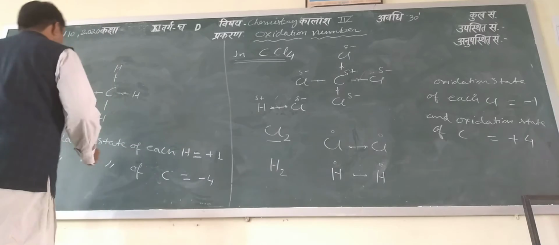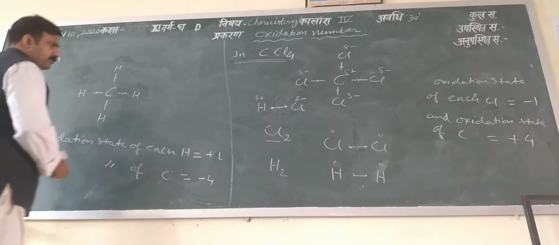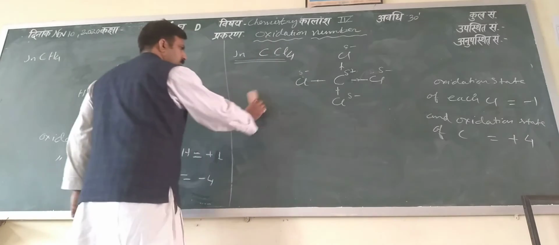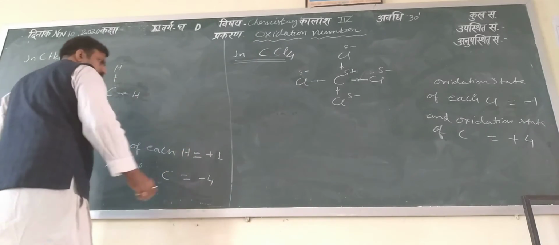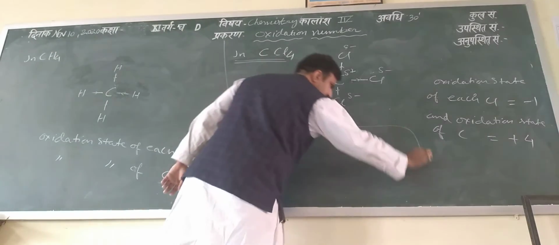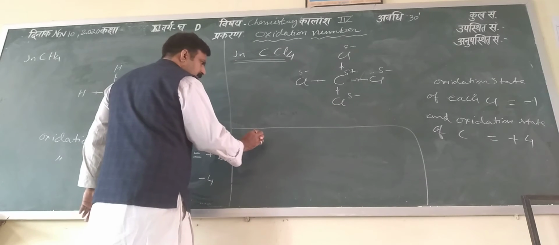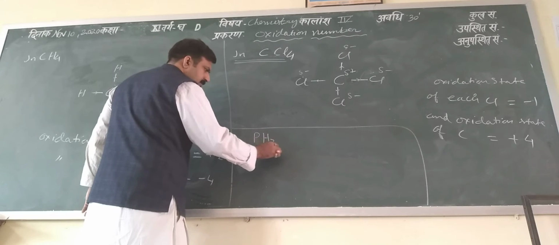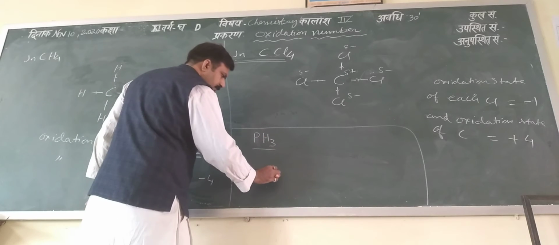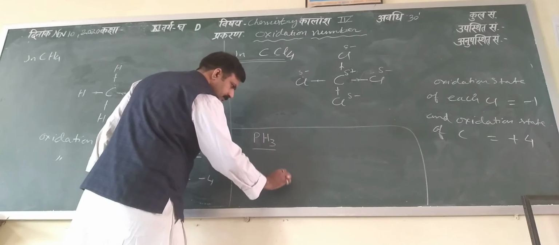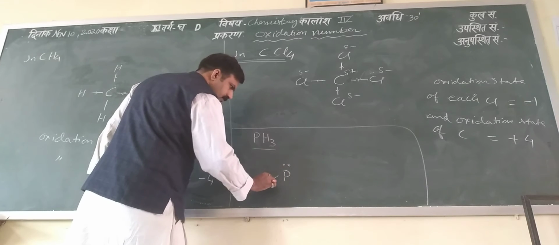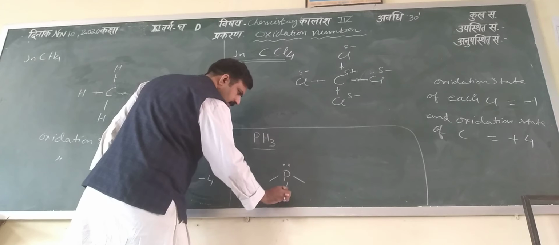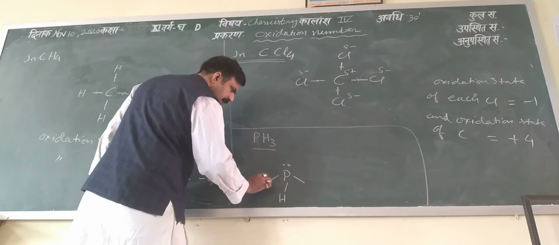Similarly, the next two examples are PH3, phosphorus, which shares 3 electrons with 3 hydrogens.